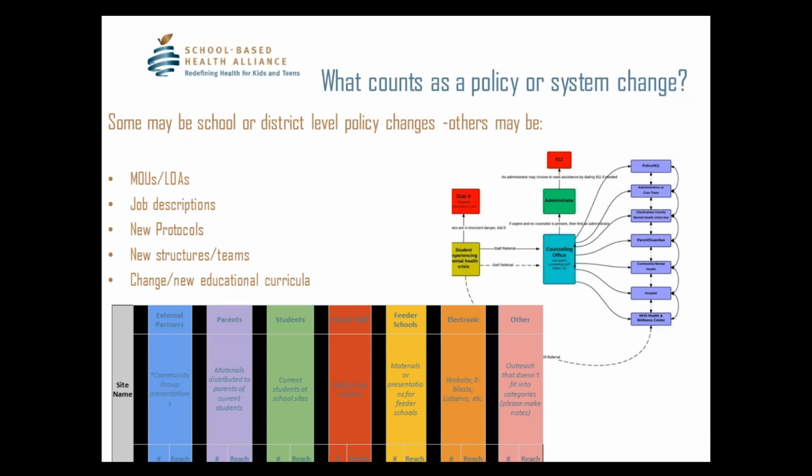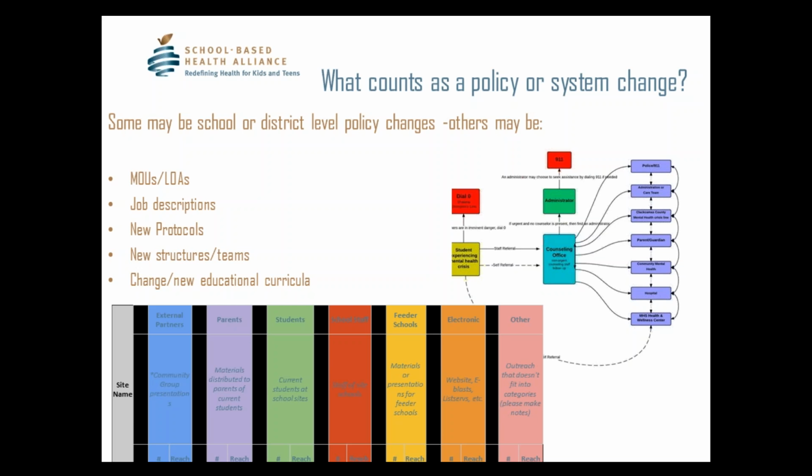Right here we have examples from 2 of our sites. It's a little bit hard to read because it's a little bit small, but actually on the bottom, this is an example of Merlot Station and Christina's wonderful tracking document for health education. So you'll see she tracks the number and reach of interaction with external partners, parents, students, school staff, feeder schools, electronic communication.